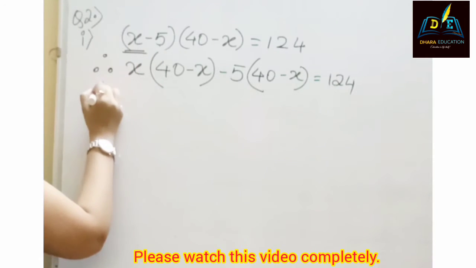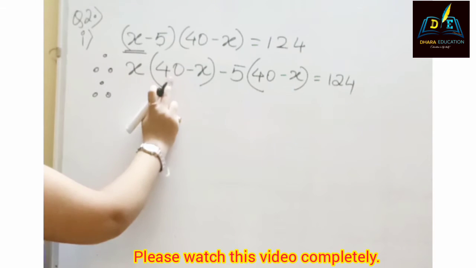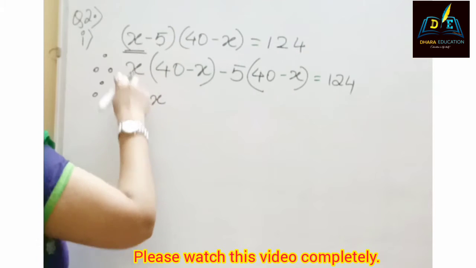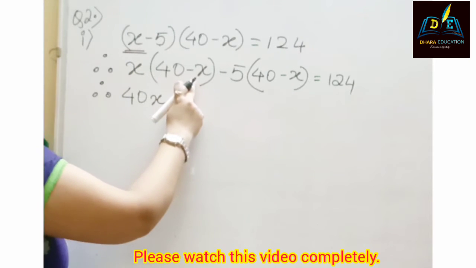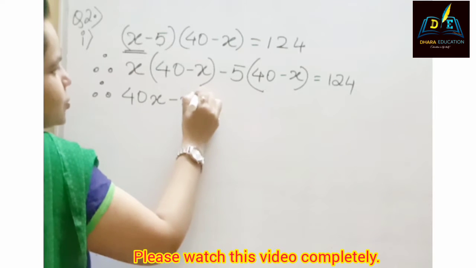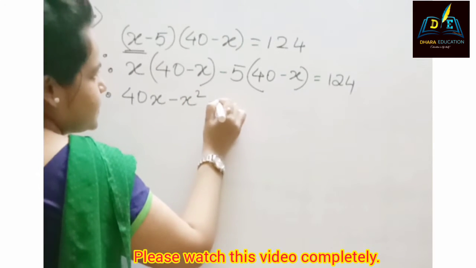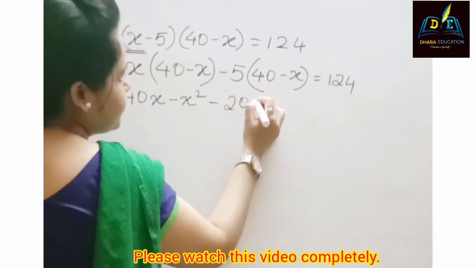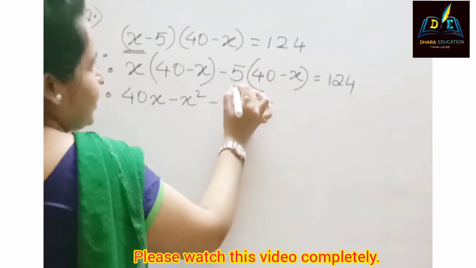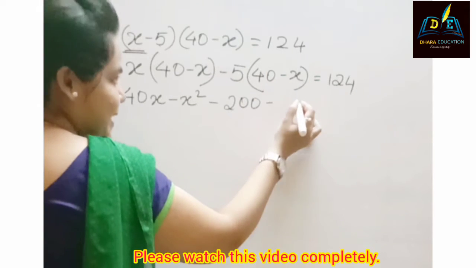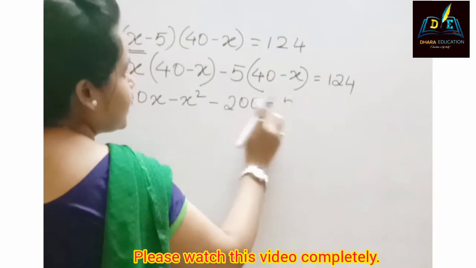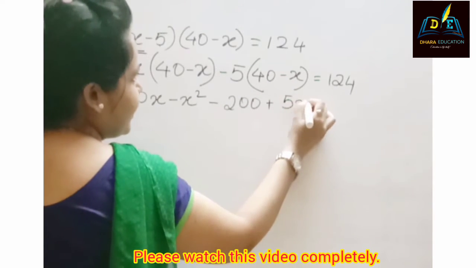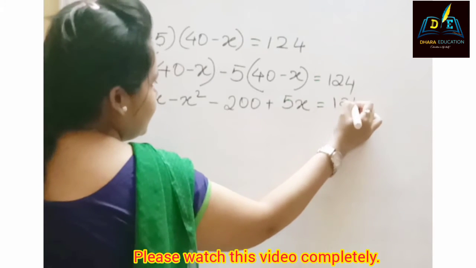Now x multiplied by 40 will give you 40x. x multiplied by minus x gives you minus x square. Minus 5 multiplied by 40 will give you minus 200. Minus 5 multiplied by minus x gives you, minus minus will act as a plus, so plus 5x is equal to 124.